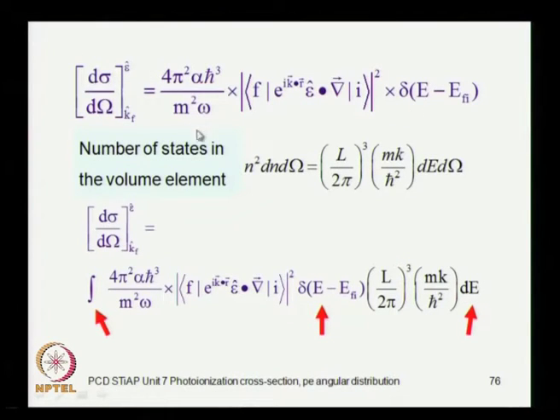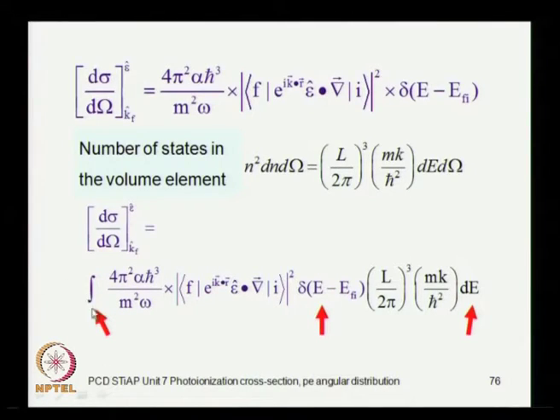So, once you put in this n square dA into omega d omega, which we have found, we need to add up the contribution due to all of these states which are degenerate with respect to the physical process that we have in mind, right. So, you have to add up, and addition is integration. So, that is what we have done over here. You have got this Dirac delta. This integration is over the energy, and you can carry out this Dirac delta after scaling it by this additional factor. And now you do a Dirac delta integration over this.